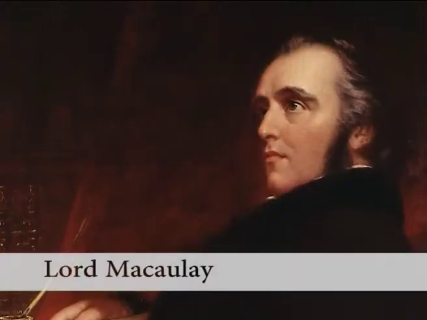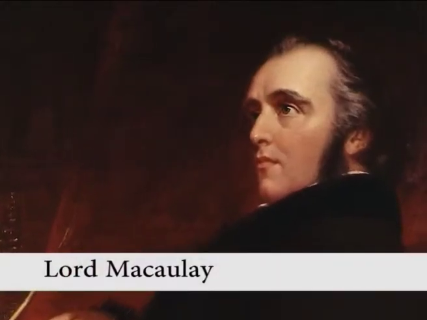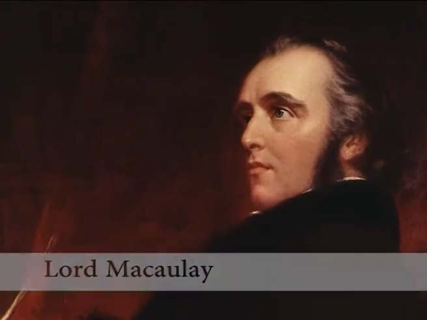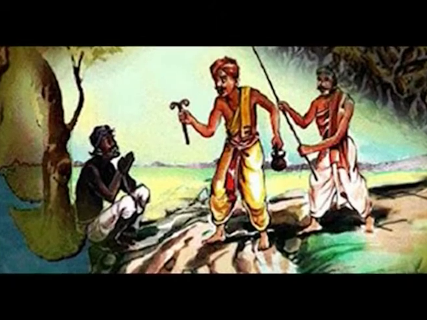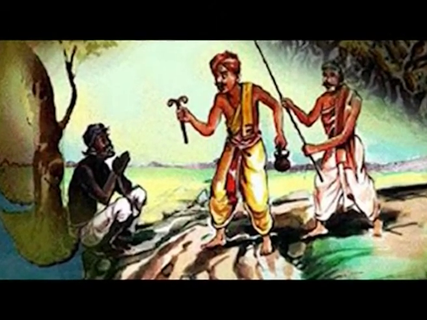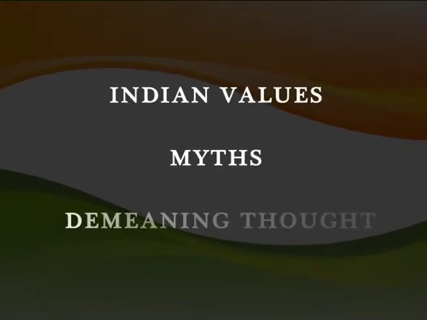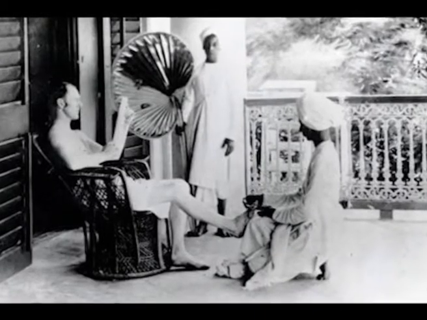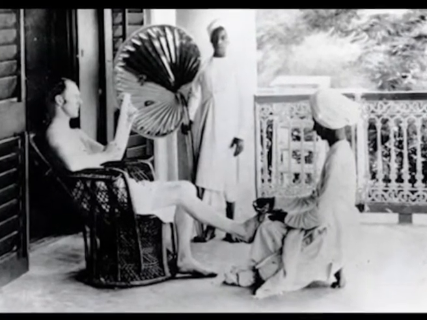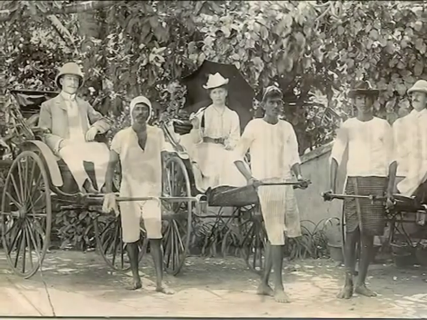Lord Macaulay rejected the ancient Indian legal and political system as the dark ages of Brahmanical superstition. They looked down upon Indian values, myths, and thought. Indeed, discriminations were in every sector.